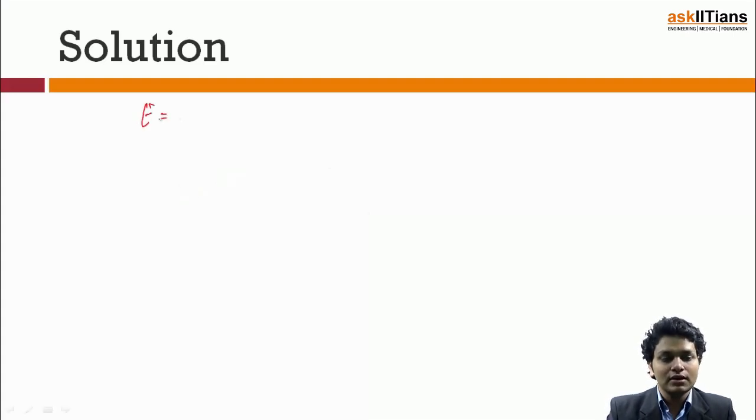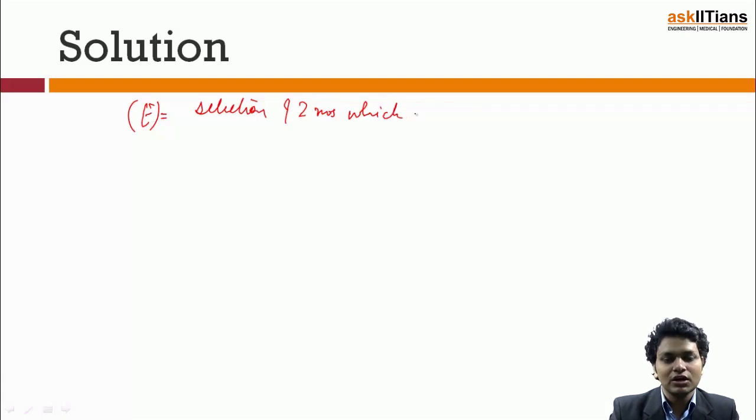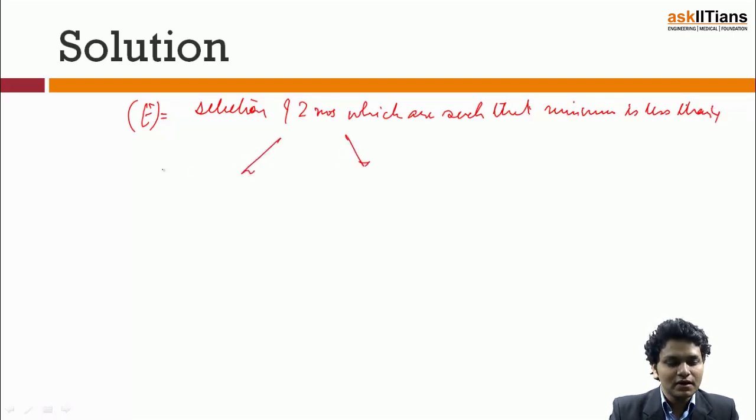So event E is defined as selection of 2 numbers such that the minimum is less than 4, right? So see, there can be 2 parts from which they can be selected.